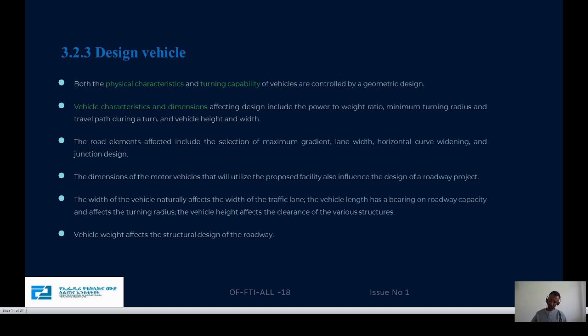The width dimensions and the clearance will also depend upon the design vehicle. The road elements affected include the selection of maximum gradients, lane widths, horizontal curve widths, and junction designs, which are very important because of the width.